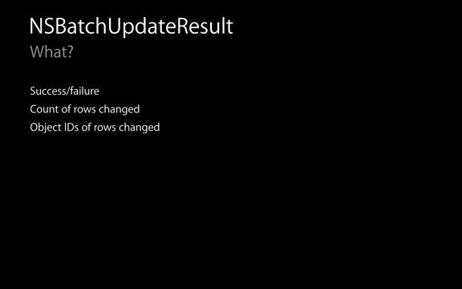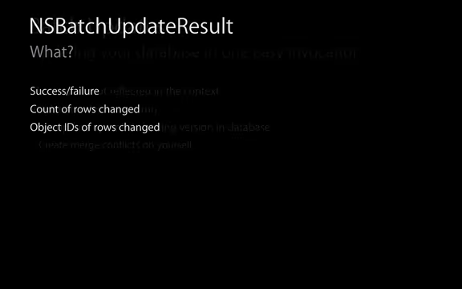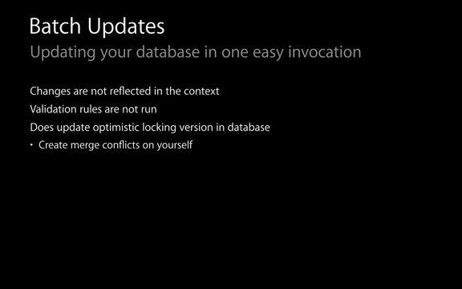Or, if you want, you can get a list of the object IDs of the rows that were changed in that operation. And that's interesting for one particular reason: because this is a batch update operation, and because we're operating directly on the store itself and bypassing the managed object context, none of the changes made in the store as a result of that operation will be reflected in the managed object context until you call refresh object on those objects.